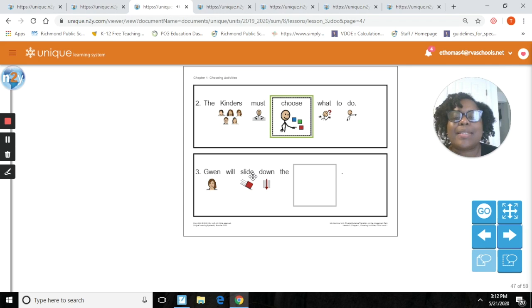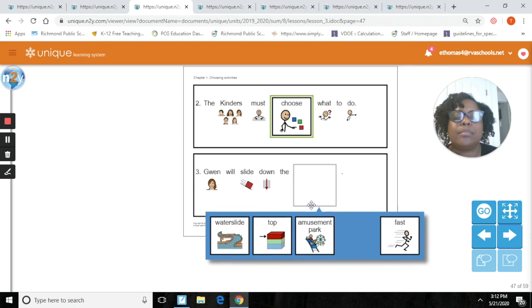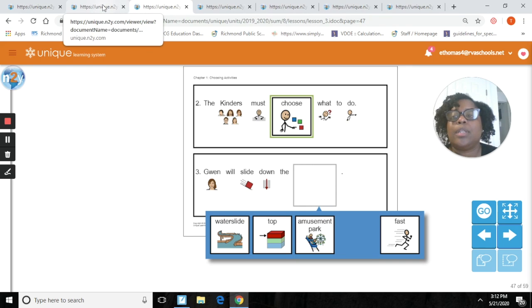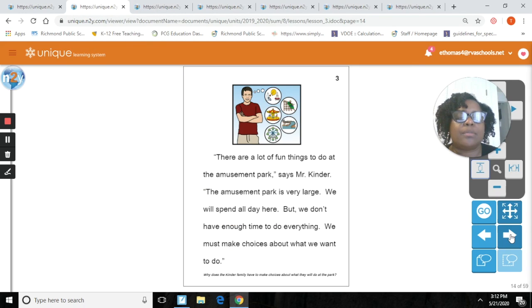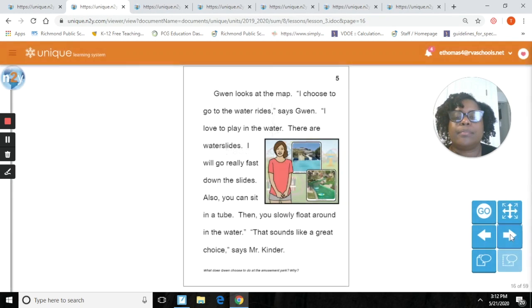Okay, Gwen will slide down the blank. Water slide, top, amusement park, fast. Make a choice. Okay, so once again, we have to use our story to help us come up with the answer. All right, here's Gwen.